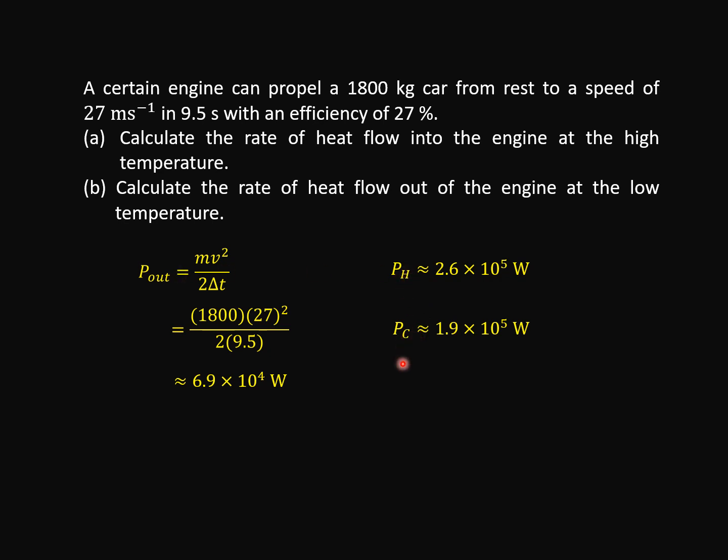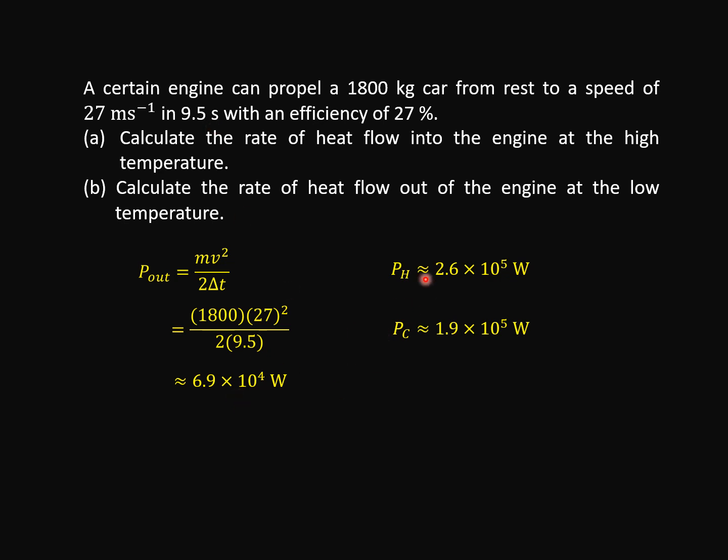Again, these are power concepts, meaning that they measure how fast the heat flows and how fast the work is done. This whole process of changing the speed of the car from rest to 27 meters per second takes 9.5 seconds.